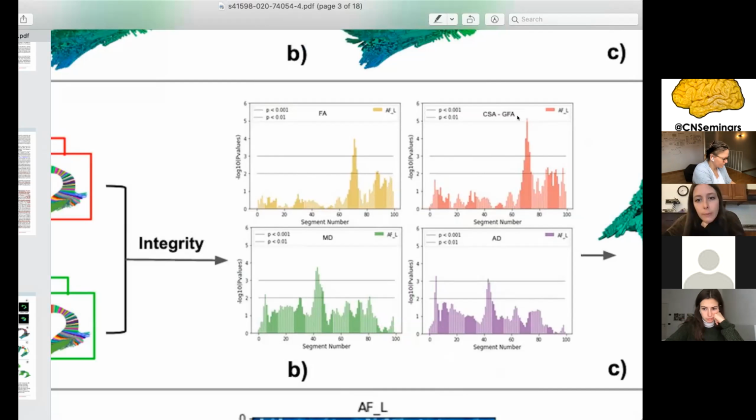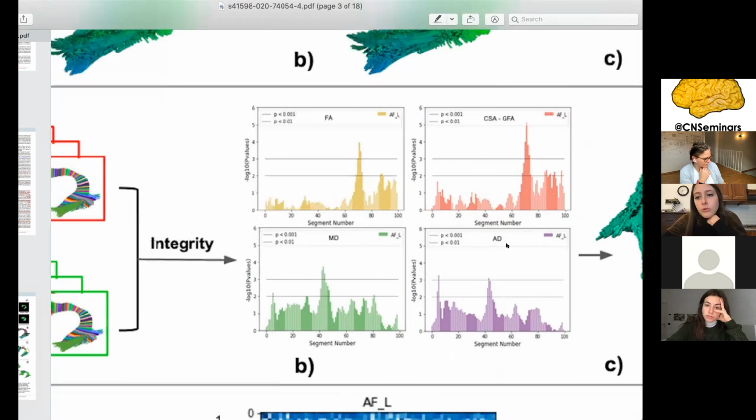And you can see these are the segments that were defined upon the bundle of interest. And the sequence of the segments which are considered significantly different between the two groups, you can see it here. Four different measures, which are, for example, fractional anisotropy, mean diffusivity, axial diffusivity.